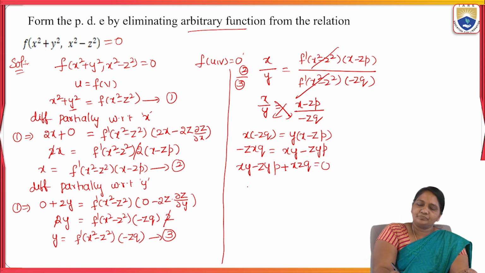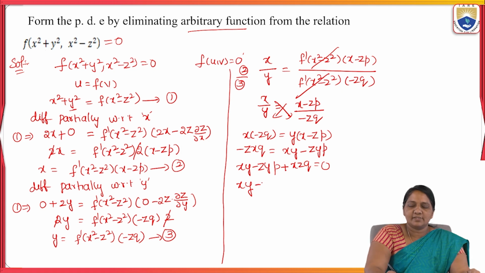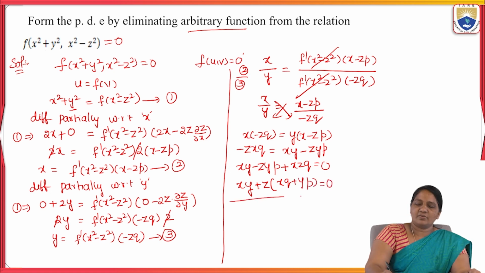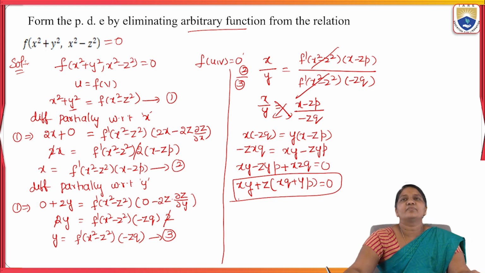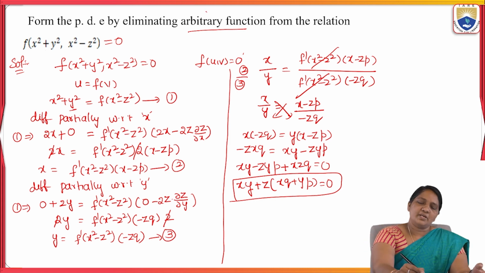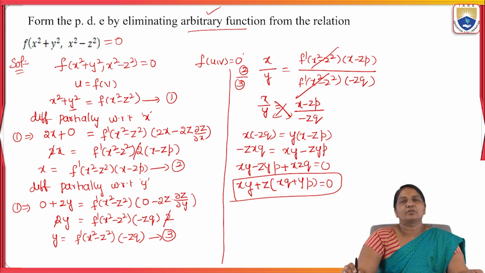Now here, xy, z is the common, minus plus, z take the common. So xq plus yp is equal to 0. This is our partial differential equation. So this is the way to form a PDE by eliminating arbitrary function.